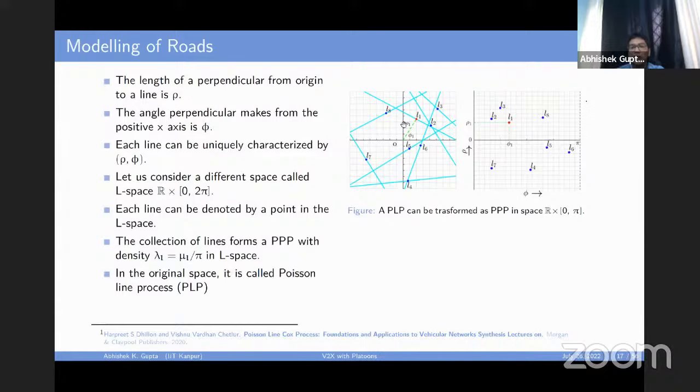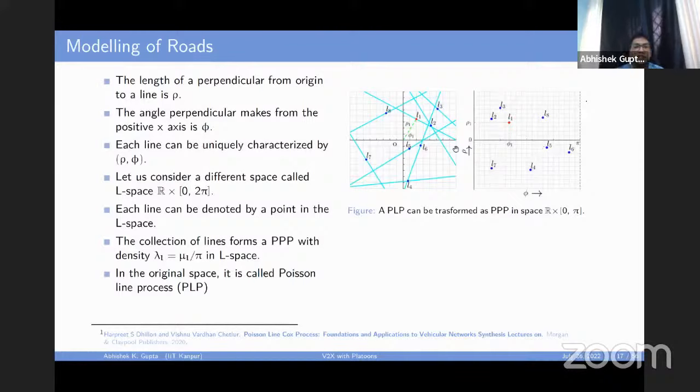The x-axis denotes the angle, and the y-axis denotes the distance. We can show that these points can be modeled using a Poisson point process in the L space. So there are two spaces here.